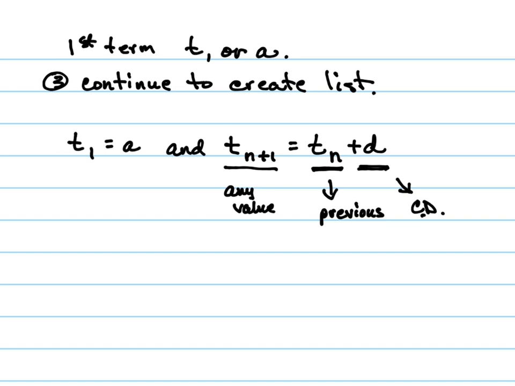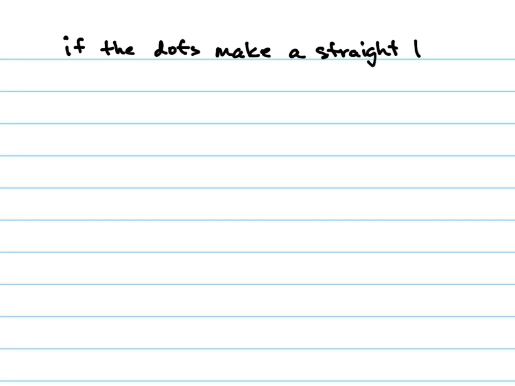All right. And then we're going to talk about graphing these, but once you have a chart of values, you've plotted points before, so that should not be any big deal. Now once you've found a pattern by finding the common difference and plotting things, we need to talk a little bit about the graphs. If you plot these, and the dots make a straight line, then they are called collinear, sharing the same line. Okay?